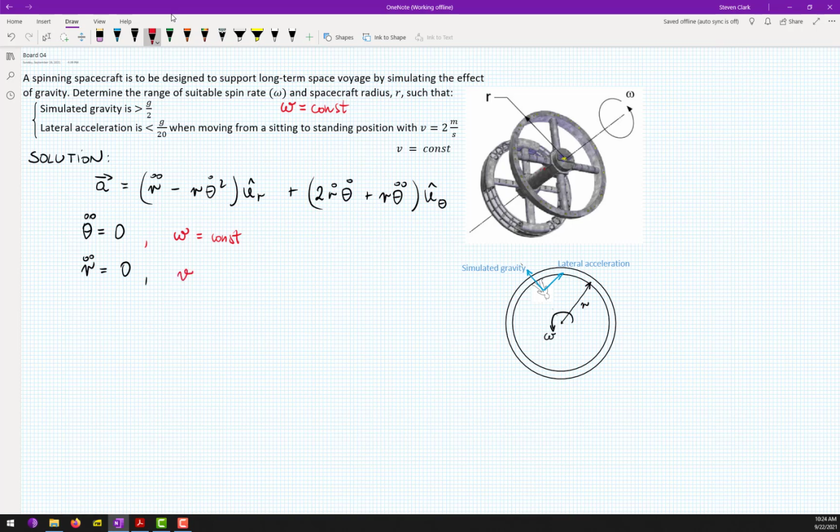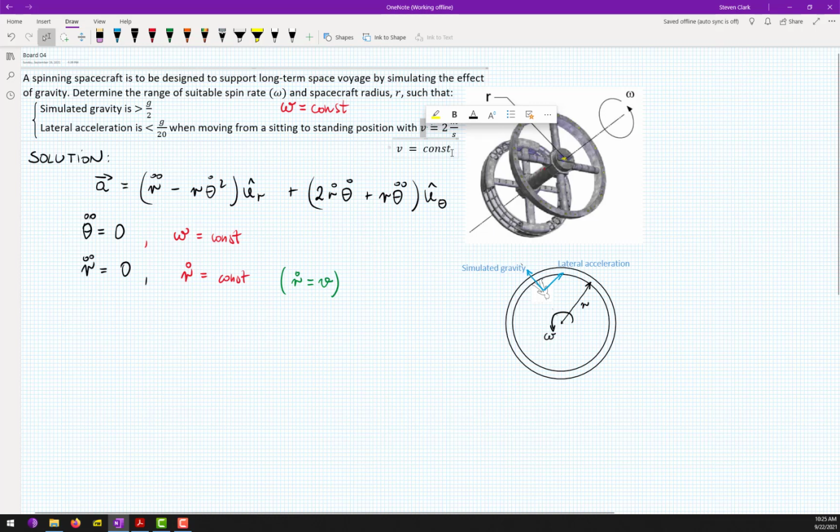Because v is constant. Actually, wait a second. R double dot, R dot is constant, I mean. They told us that R dot is like V, but it's only in this example. I should switch it. Let's not use V in here. Let's use W, or not W, U also not. Give me a good letter.